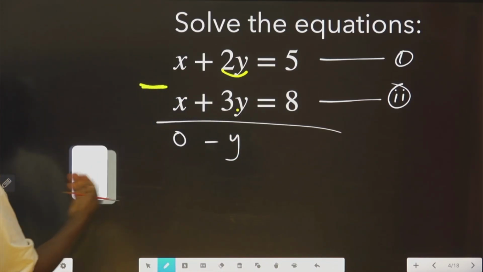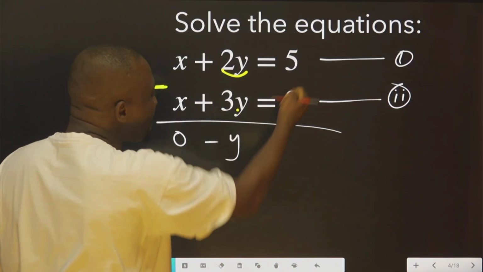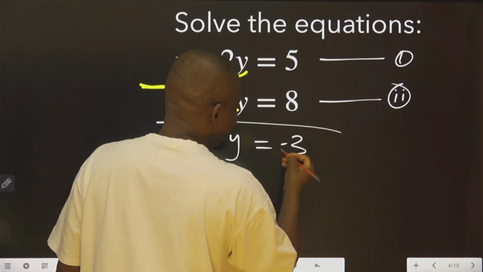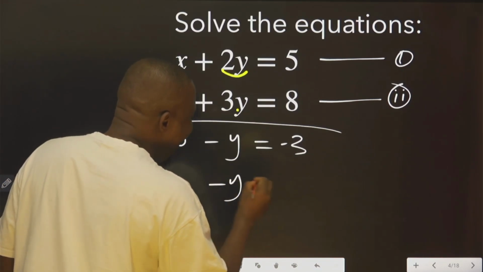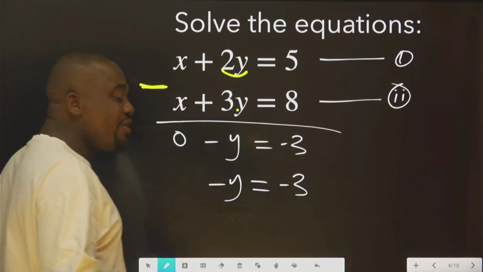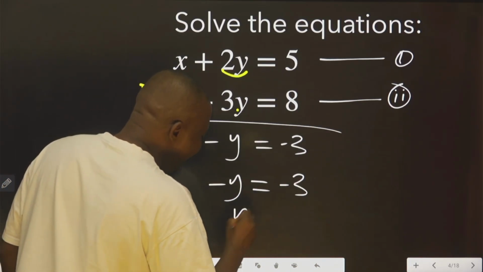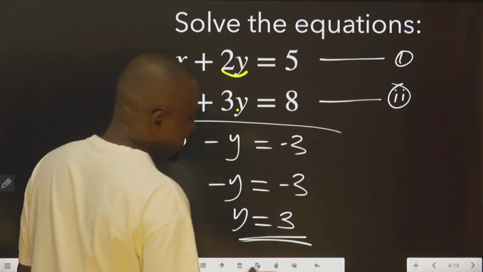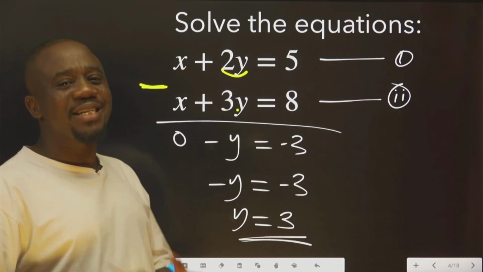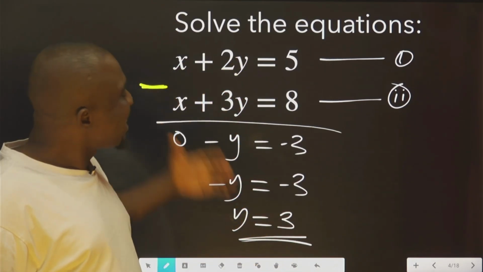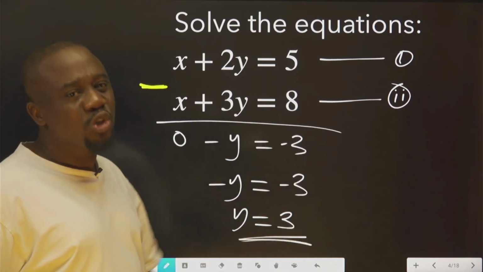Then we look at this, 5 minus 8, that is minus 3. So you can see we now have minus y equals minus 3. You divide both sides by minus 1. At the end of the day, you are going to get y equals 3. Now that we have y equals 3, we substitute this value in any of them, either in equation 1 or in equation 2.